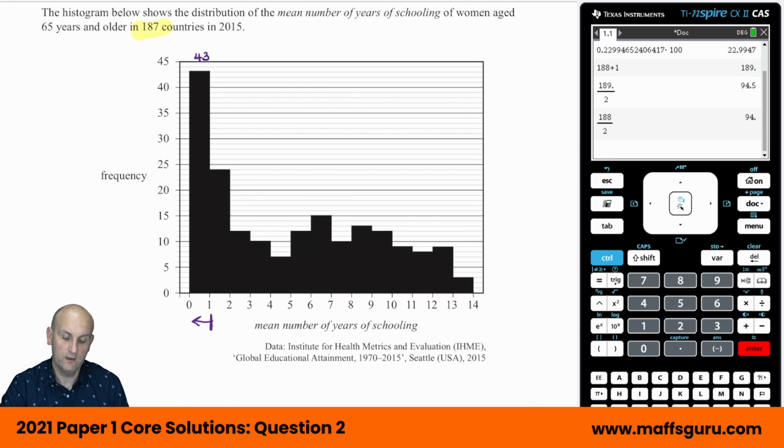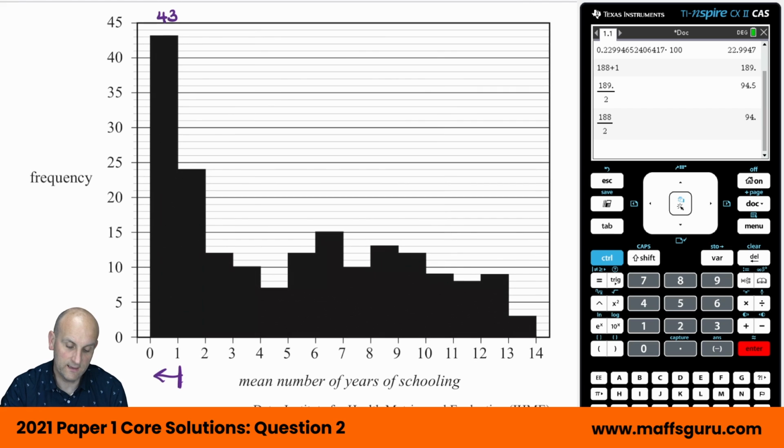So let's go back. Well, we already know that there's 43 there. There's 24 there. There are 10, 11, 12 there. So if I do a running tally, 43, 67, 77, 79. So up until and including this there are 79. How many did I need? The 94th. All right, so there's 10 here, so that will give me 89.